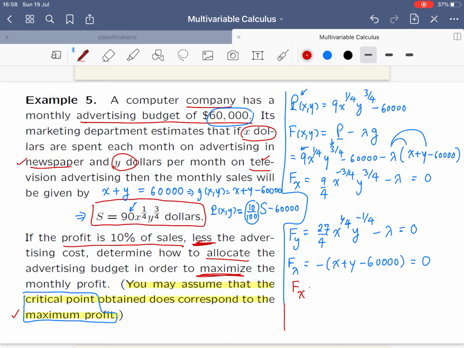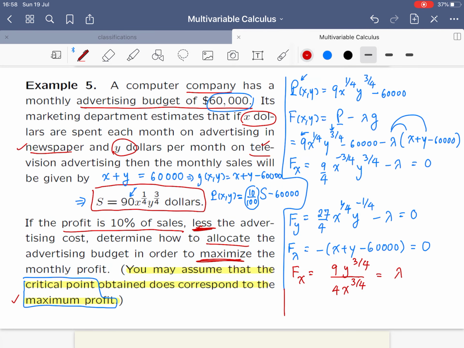Your f sub x can be written as 9 y raised to the power 3/4 over 4 x raised to the power 3/4 equals lambda, and f sub y is 27 x to the power 1/4 over 4 y raised to the power 1/4 equals lambda as well.